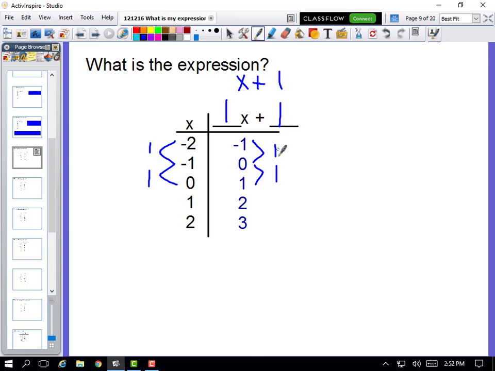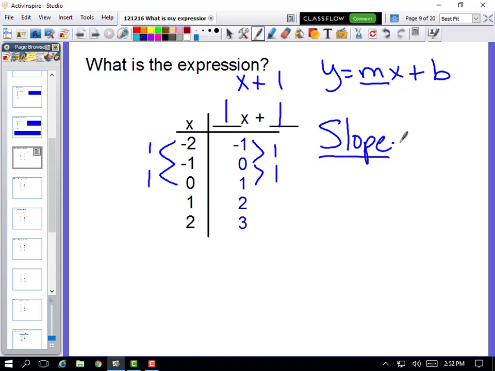Now let's look at this idea of pattern on the right and pattern on the left. What we need to really know is that this relationship between the right-hand side and the left-hand side is called slope. And in the y equals mx plus b formula, this m is called slope. The way we find that is by using the formula delta y divided by delta x.